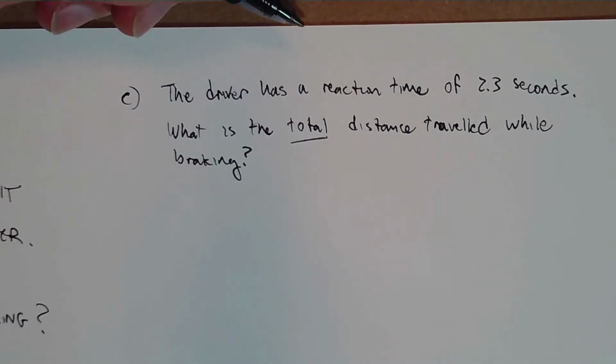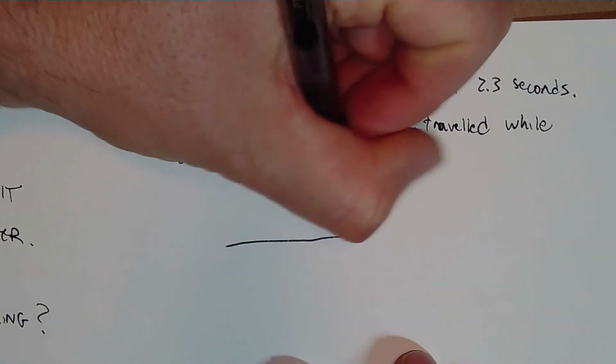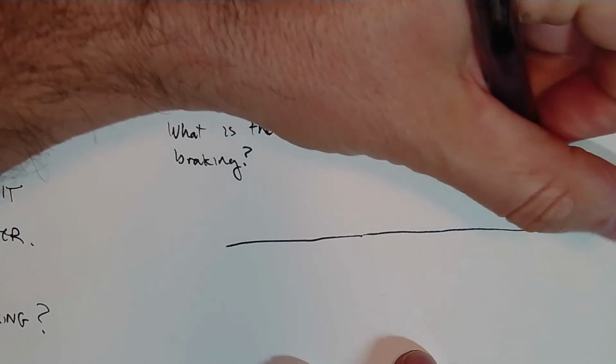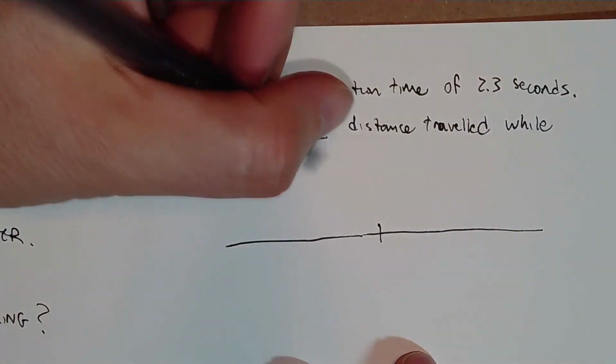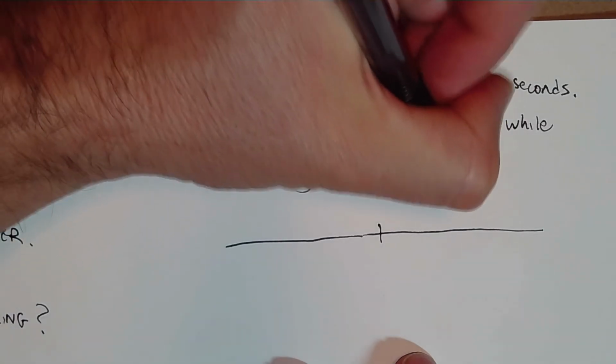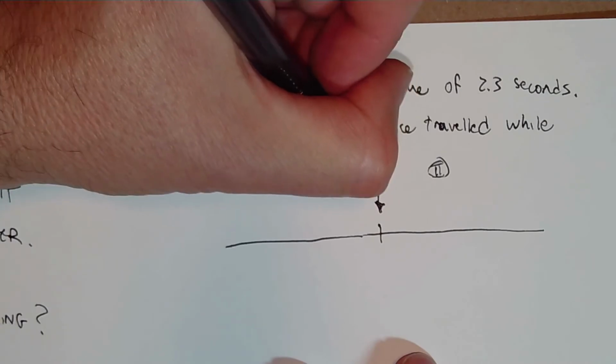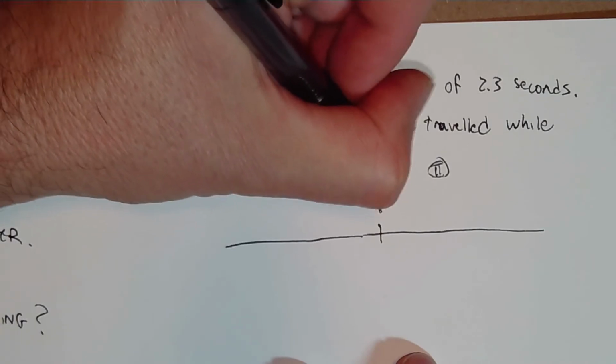So we're going to take our original picture, we're going to expand it out a little bit. So we have two steps. We'll call this part 1 and part 2. Now part 2 we already solved. So right here, the person applies brakes.